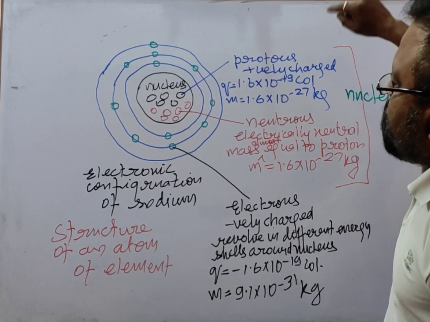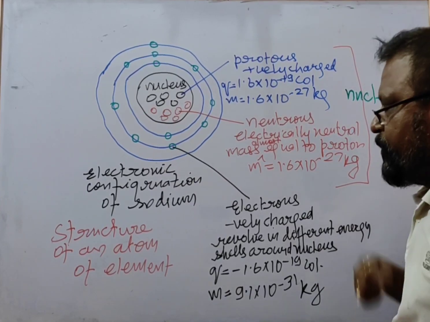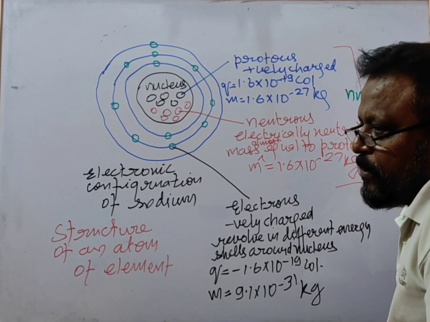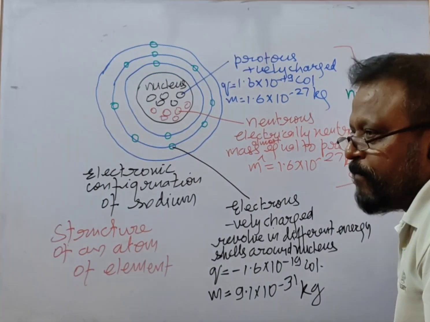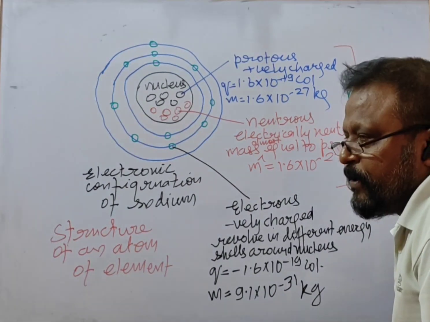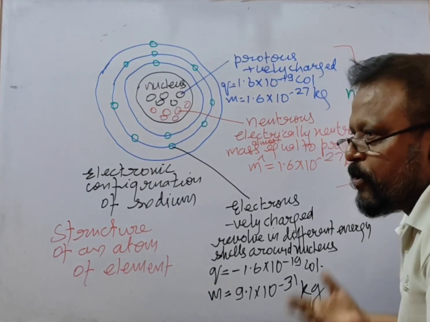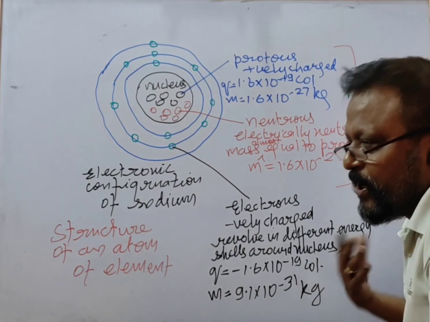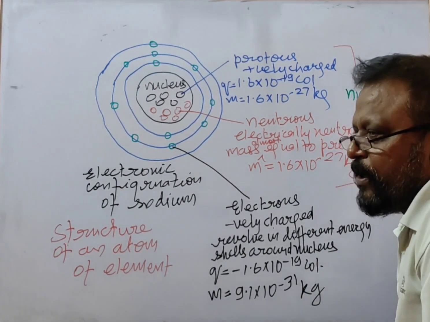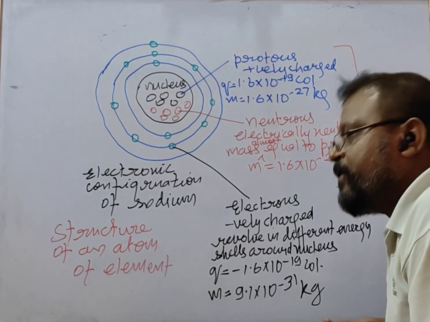Here we reached with the help of Dalton's atomic theory. After that, we went through the work of J.J. Thomson, Goldstein, Chadwick, and then William Crookes.